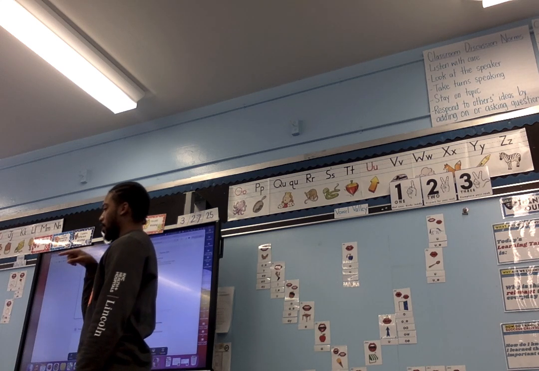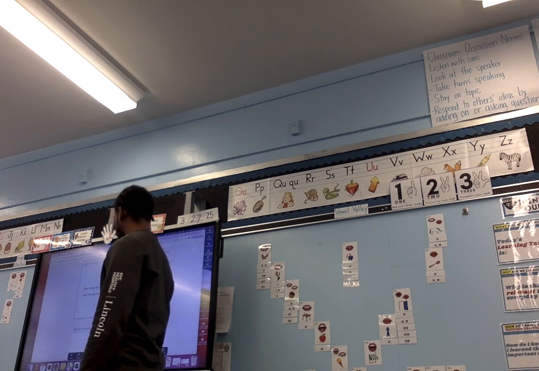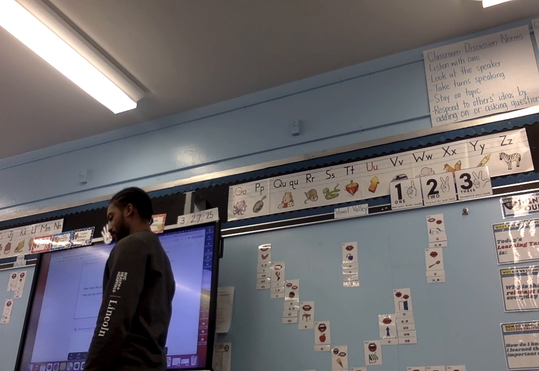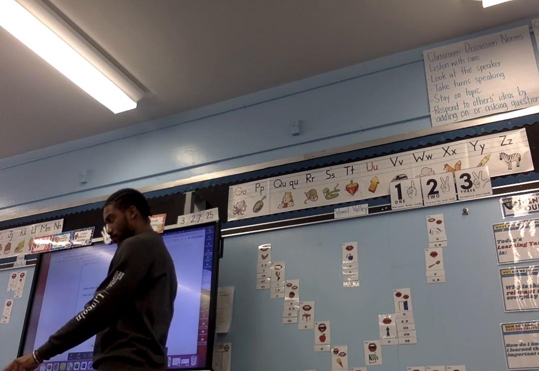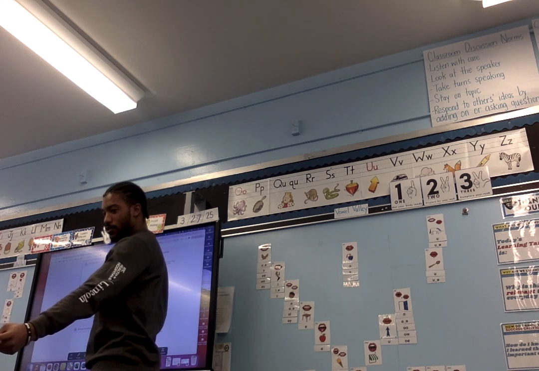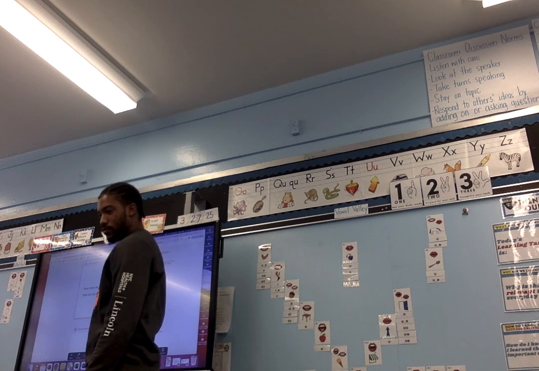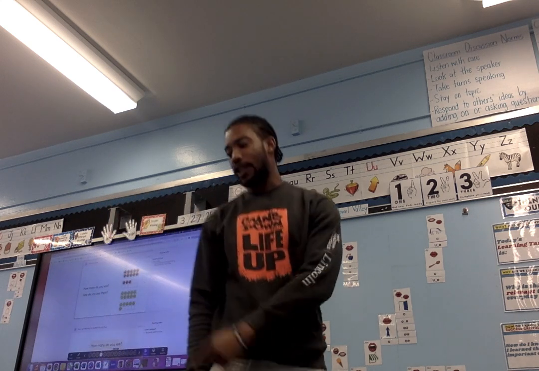I'm going to call on a silent hand. Yes. I see the groups of 10 in the top, and I see groups of 10 in the bottom. Good. What did he just say? You guys have to look at the speaker.